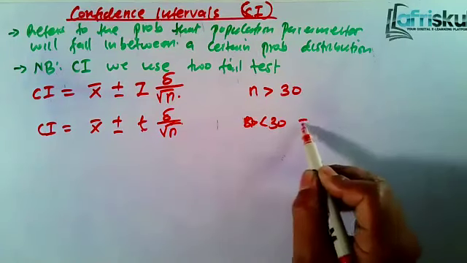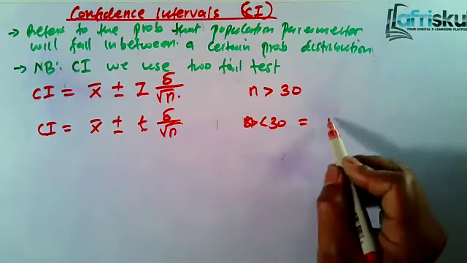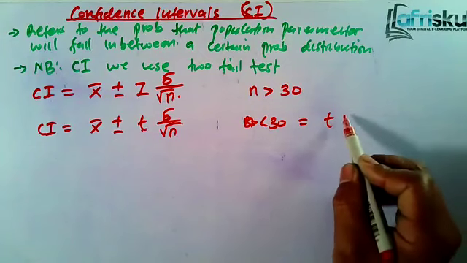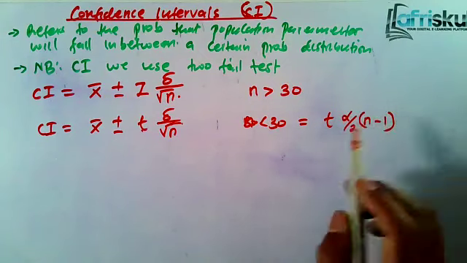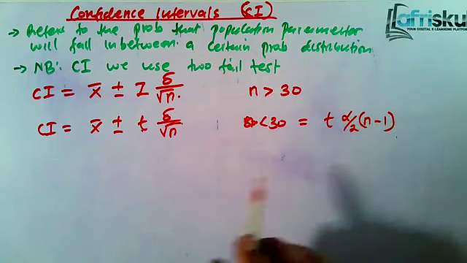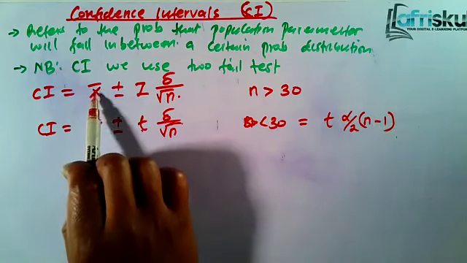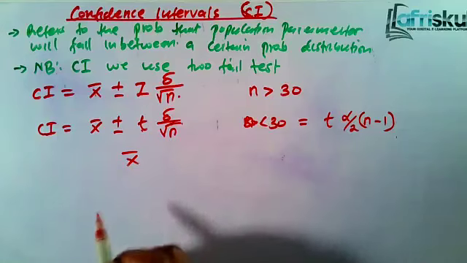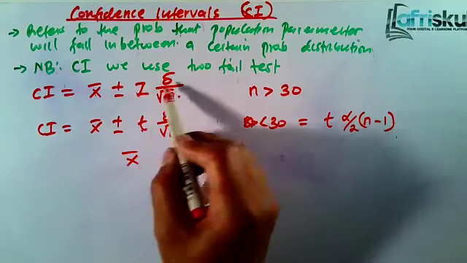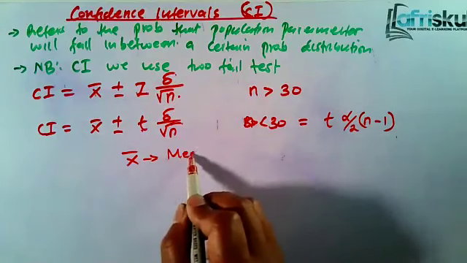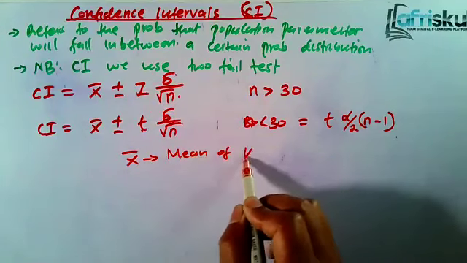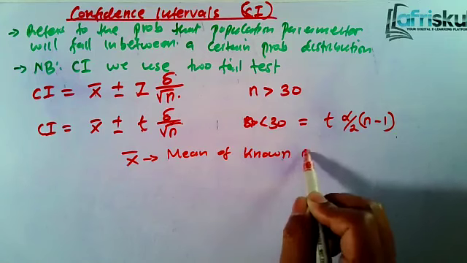In this case, T is equal to t of alpha over 2, n minus 1. I'll show you what I mean by this. Here we have X bar, which is the mean of the known population. Already we know Z, we already know the standard deviation, and this is n.